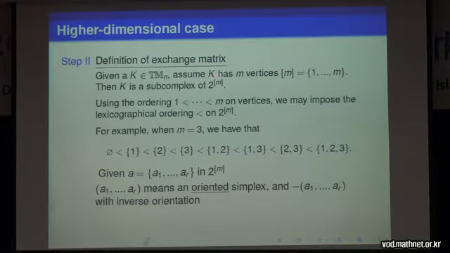Here, assume this triangulated manifold is some complex with the number of vertices m. Here you need to consider the lexicographic ordering. For this one, this is the natural one.